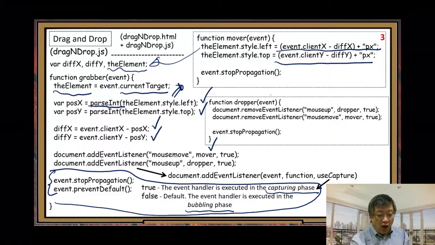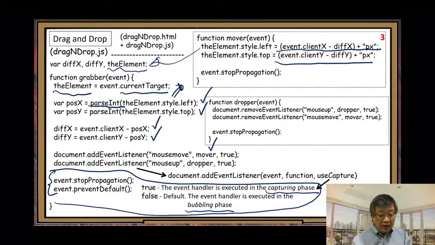So drop, passing event object to it. So this time, document.removeEventListener. So you remove. After you drop, then when you move the mouse cursor, that word stays there, right? So for that reason, you want to disconnect the event and the function.